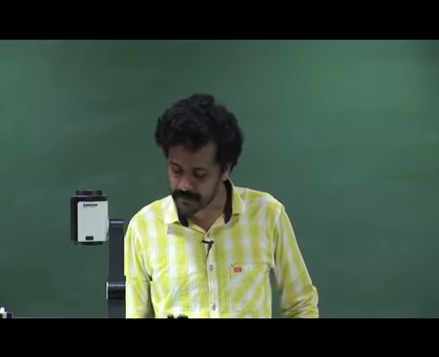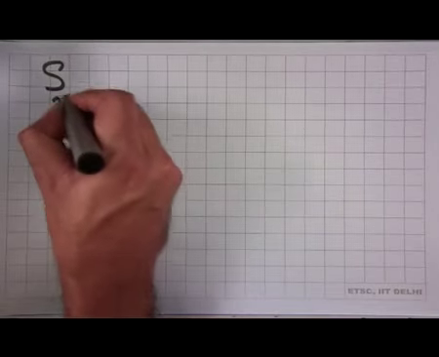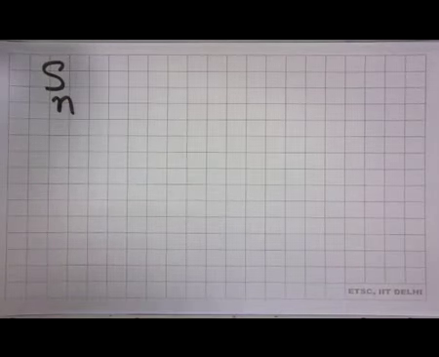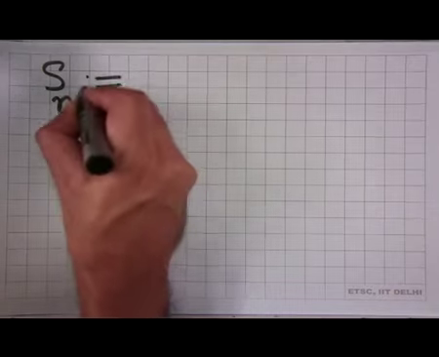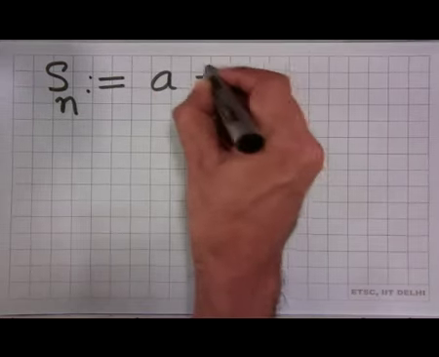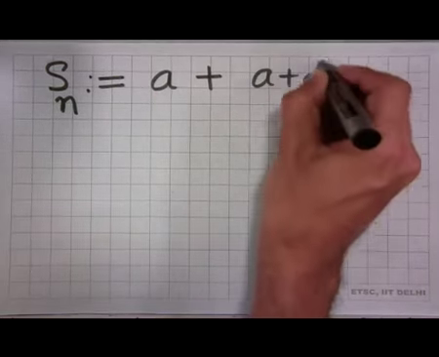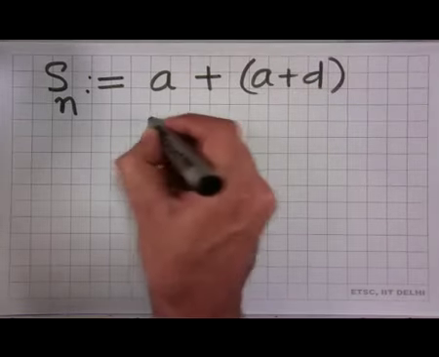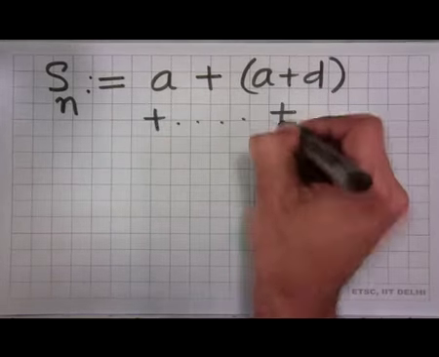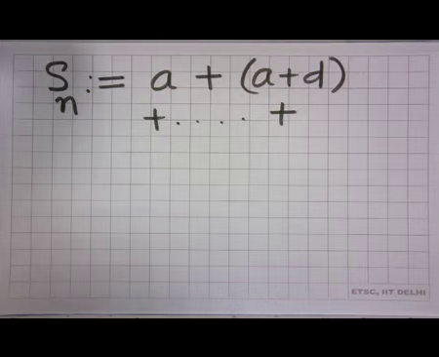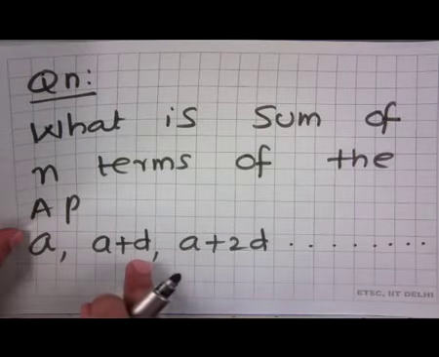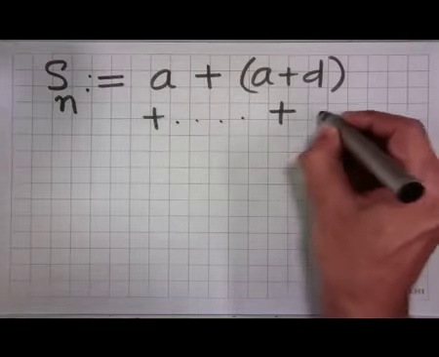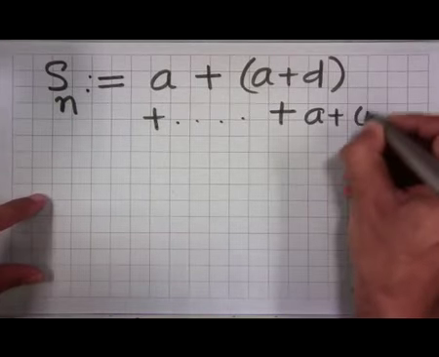Let us denote the sum of first n terms of an arithmetic progression by Sn. So, Sn is the notation I use for a plus a plus d plus etc. plus the nth term. Remember, the nth term of an AP with first term a and common difference d is a plus n minus 1 into d.